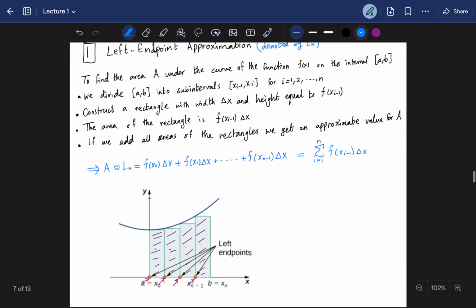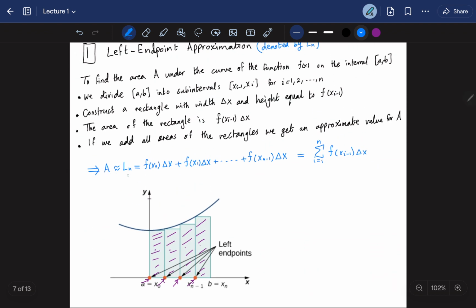So if we go back here, the area using a left endpoint approximation, you just find the height of the left endpoints, you multiply it by the width, which, since we're doing a regular partition, dividing the area into equal widths, is always going to be delta x.